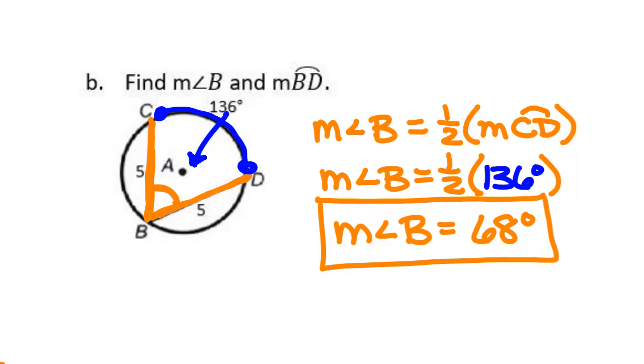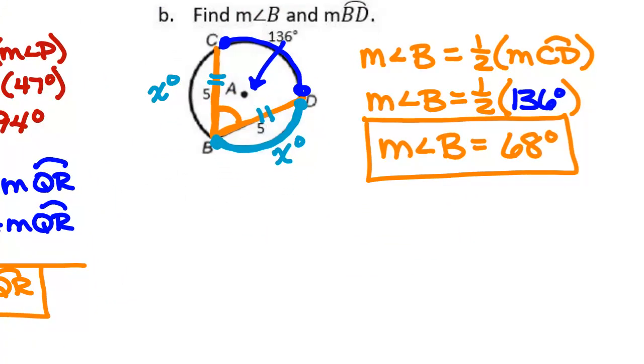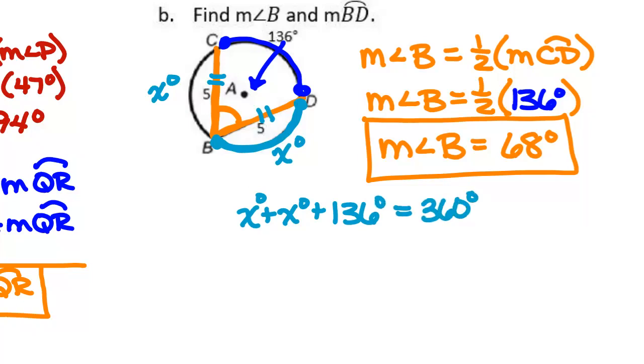They still want me to come in and find arc BD, this arc right here. Well, what do we know about chord BD and chord CB? They are congruent. And if I have two congruent chords, what does that mean about their arcs? They are congruent too, so I'm going to call them both X. And how many degrees is it all the way around a circle? 360 degrees. So I have X degrees plus X degrees plus 136 degrees equals 360.